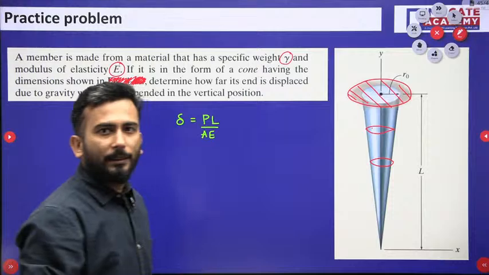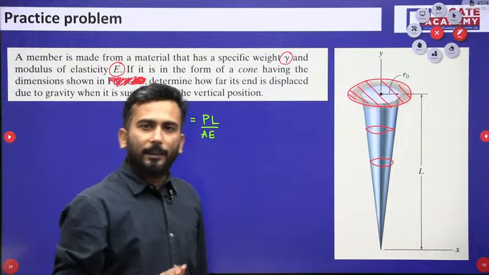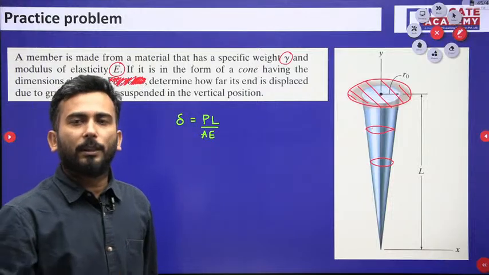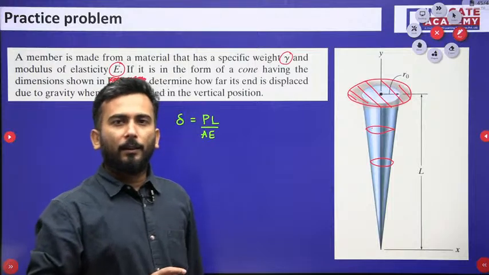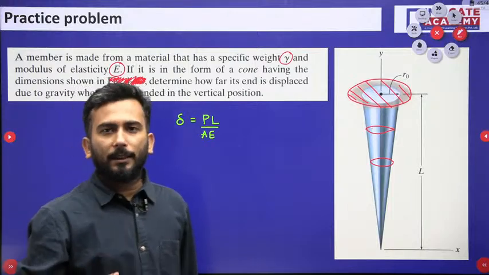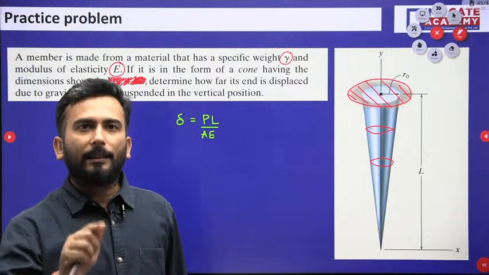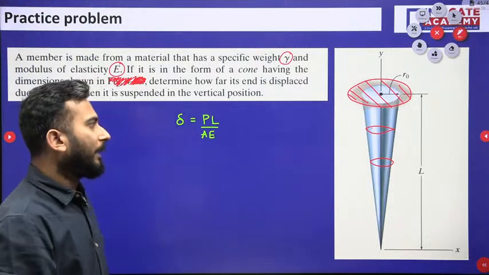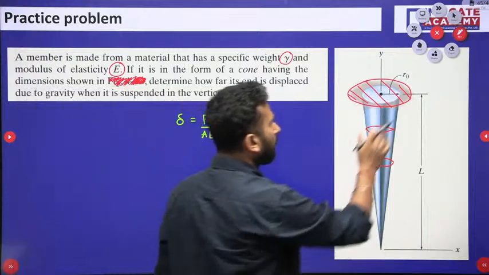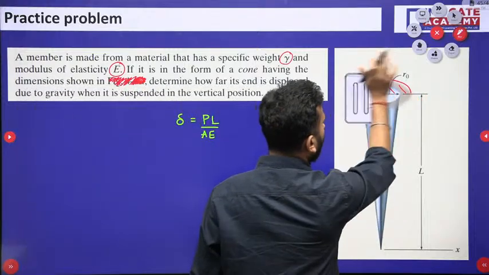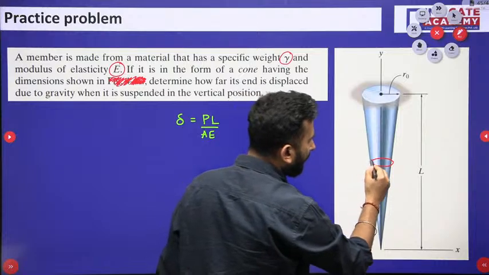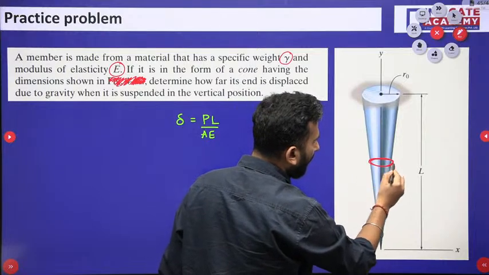So that means the load is changing and the area is also changing. So both are changing. Whenever something changes, we cannot apply it directly, we have to take an element and then only we can further proceed. So let us take this element.